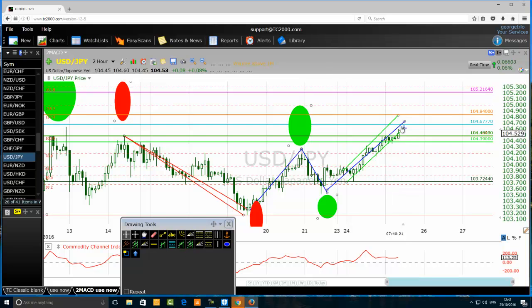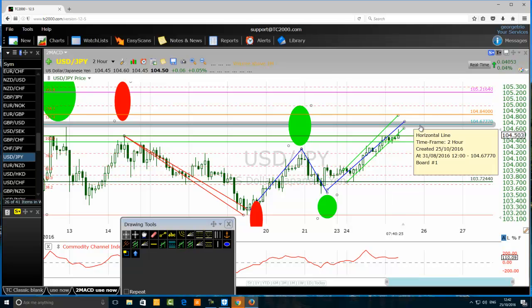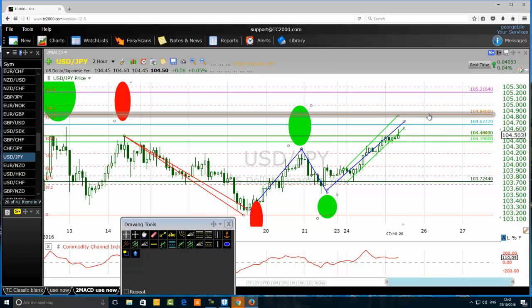The turquoise line here will be my initial target. If the price is running very fast, I will allow it to push to 104.84. And if it continues to run up more, I will secure my gain and let it go up to 105.00.